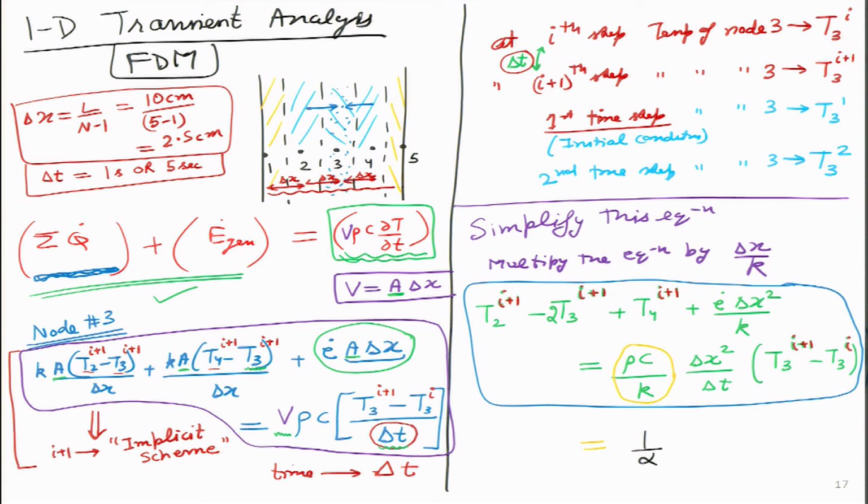And when I multiply it by the next term, then it becomes alpha into delta t, which is coming from here, and the numerator is delta x square. So, this is my right hand side in simplified form.